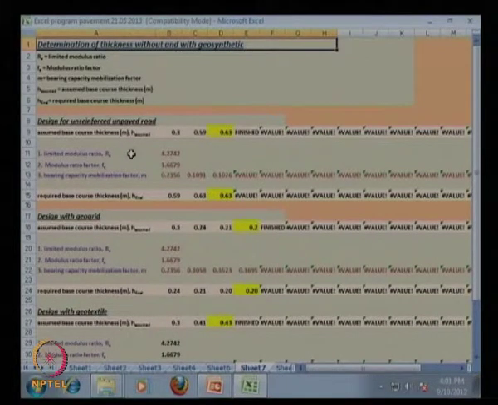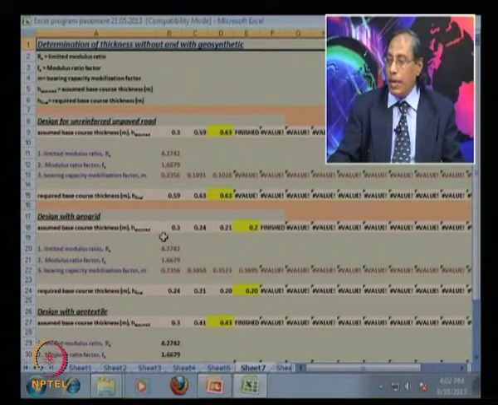So you can get the initial modulus or modular ratio and bearing capacity factor, you can see 0.3 and then 0.5, then 0.63, it is stabilized. So for the unreinforced case, the thickness of the pavement is about 0.63 meter, but if you use the geogrid material, you can see it is finished at about 0.2 meter.